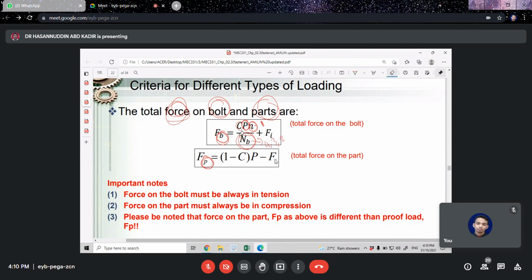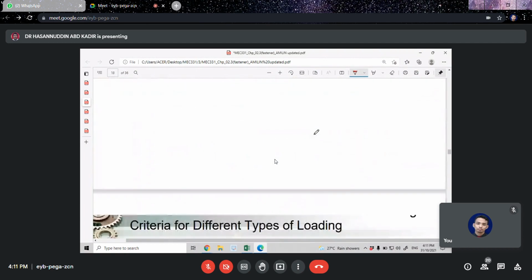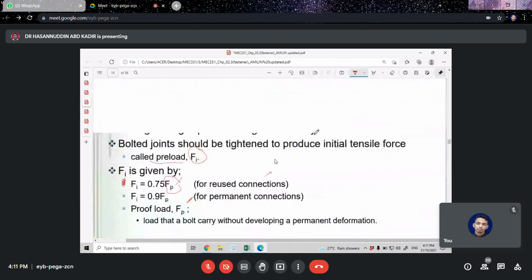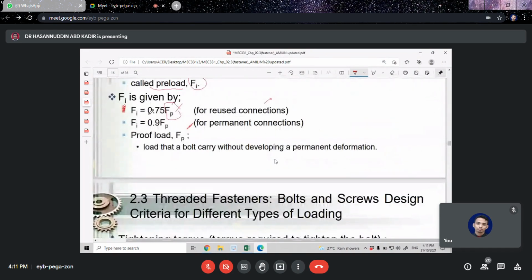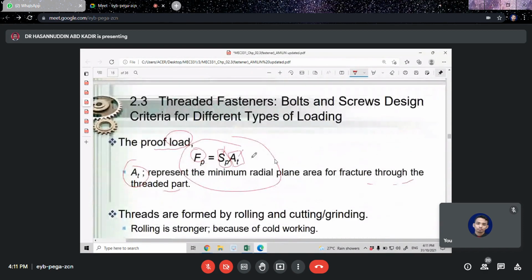Okay, and please remember that we also have the Fi. Where you can get the value of Fi here, from the top part earlier, from here. This one is Fi, 0.75 multiplied with Fp, where you can get the value of Fp from here.